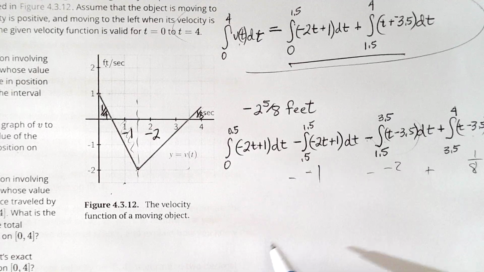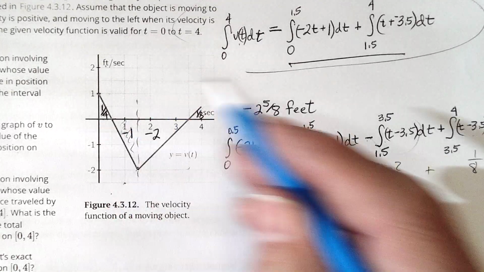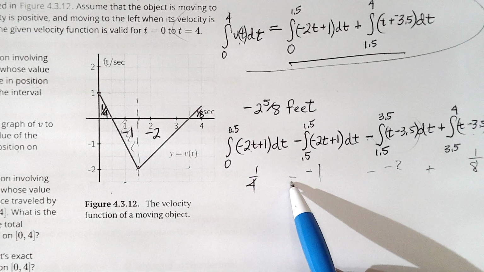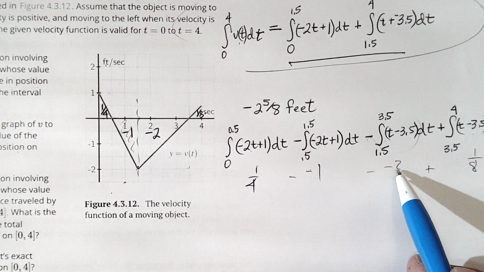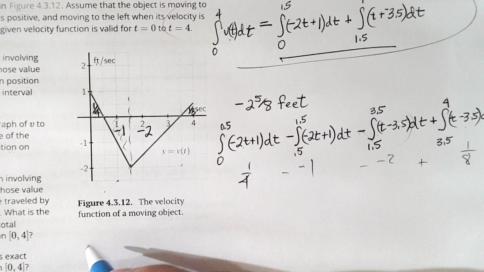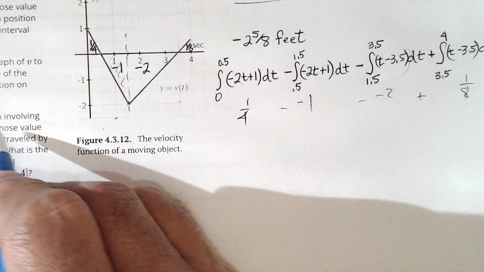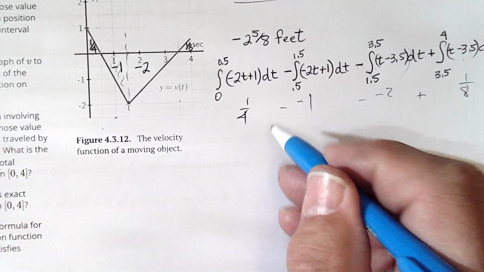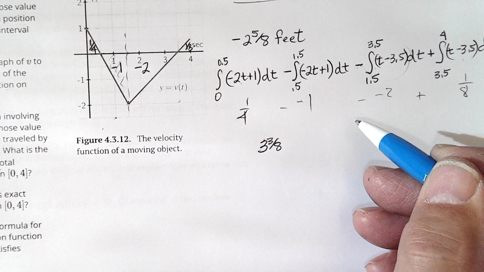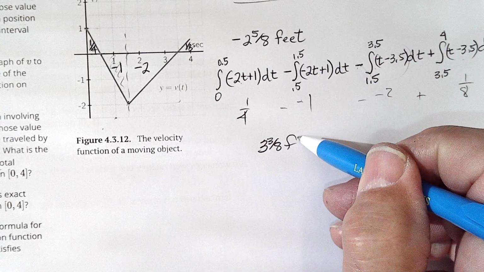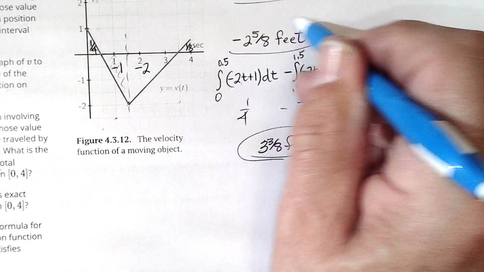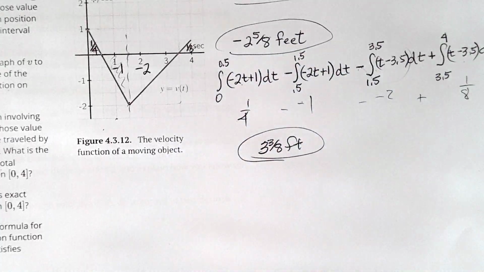So I've got to subtract the -1, and this area is 1/4. So I end up with 1 plus 2, which is 3, plus 3/8. So the total distance is 3 3/8 feet that the thing has traveled, but it's only 2 5/8 feet from where it started.